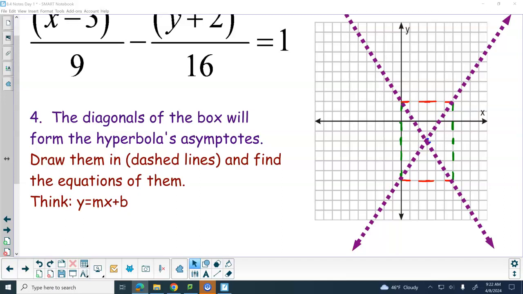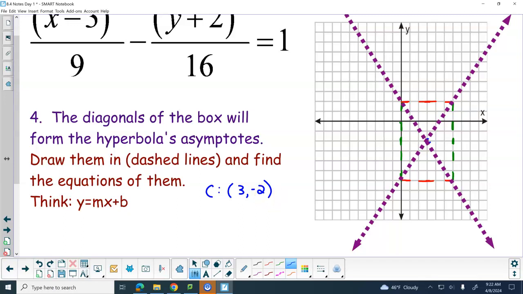For sure, they go through the center. Okay? Both of your diagonals are going to be going through the center, and both of your diagonals are going to have slopes.